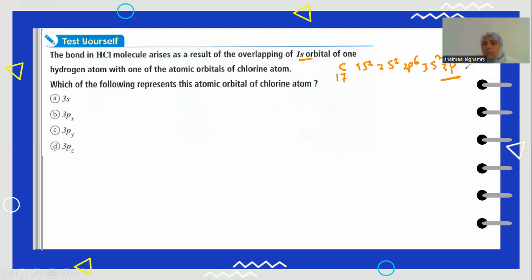In the p sublevel. The p sublevel has 3 orbitals, which are px, py and pz, and contains 5 electrons, distributed in 1, 2, 3, 4, 5. So the half-filled orbital, which is going to overlap with the 1s orbital of hydrogen, is what? 3pz.